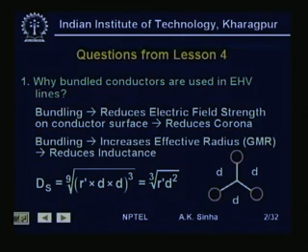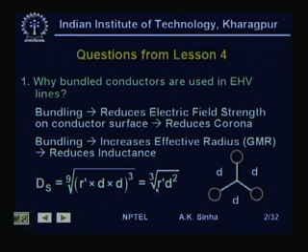As seen from here, the effective radius for a 3 conductor bundle, which are spaced at a distance d from the center, or d from each other, with a radius r dash, is given by 9th root of r dash into d whole cube, which is equal to cube root of r dash d square.